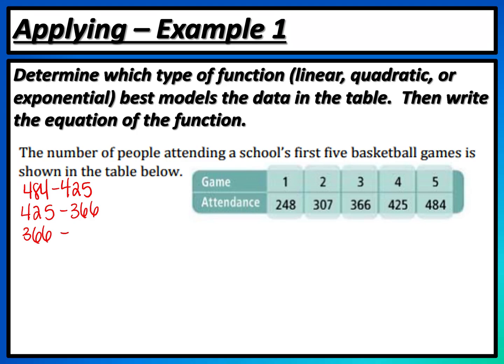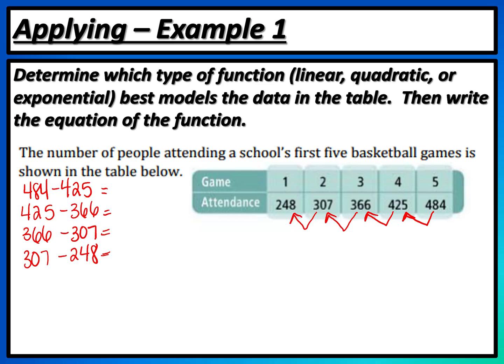If we start from the back and go in reverse order, we make sure we're doing the subtraction correctly, because remember, in subtraction, order matters. So we go here to here, here to here, and so on.